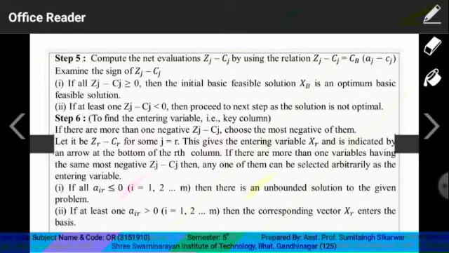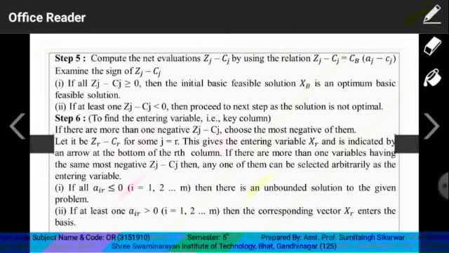This gives us the entering variable xr, which is indicated by an arrow at the bottom of the rth column. If there is more than one variable having the same most negative Zj minus Cj, then any one of them can be selected as the entering variable.